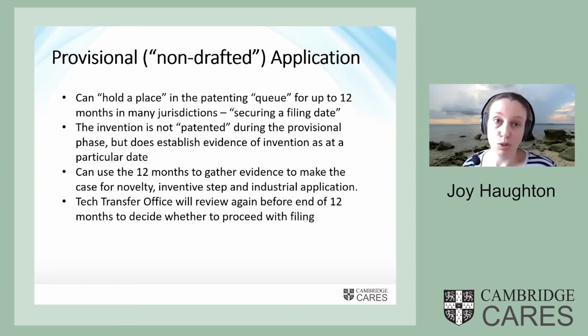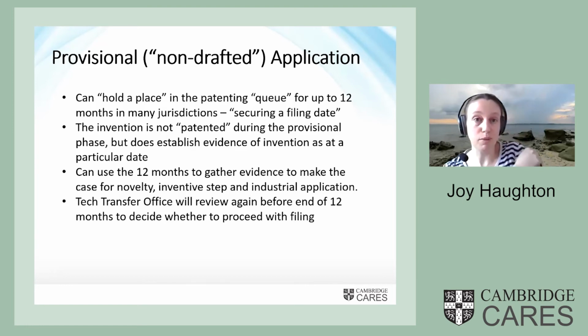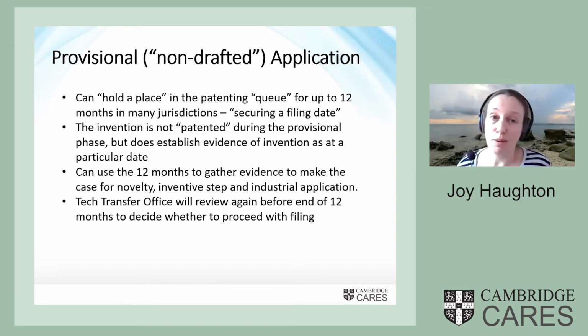We see quite a lot of cases where researchers put in their provisional application and then sort of go off the boil a bit on the idea and get to the end of the 12 months. It's gone really quickly, they had a few other things to concentrate on, and actually not nearly enough has happened to make that full application a viable option.